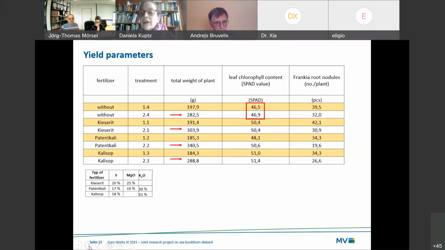And in contrary, the Frankia roots were a lot more numbers in the soil where the Seabuckthorn was growing before. We have to continue this values. There are a lot more values, and I'd like to show those for the next time.